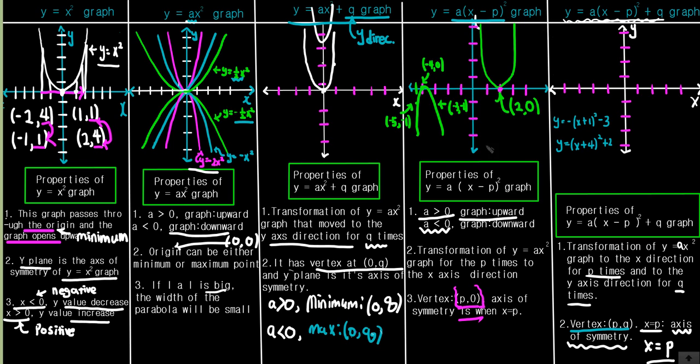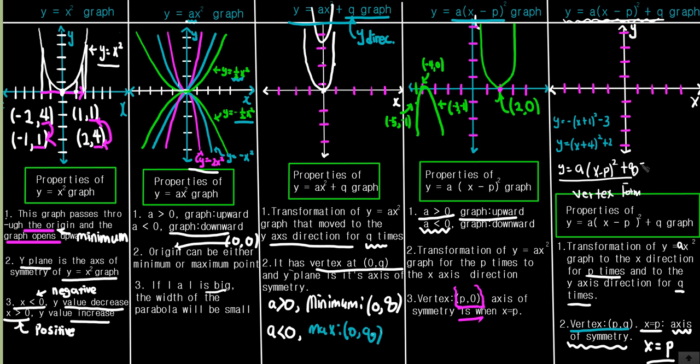For this quadratic function, y is equal to a times (x minus p) squared plus q, we call this the vertex form. The reason why we call it the vertex form is that using this format we can find the function's vertex easily.